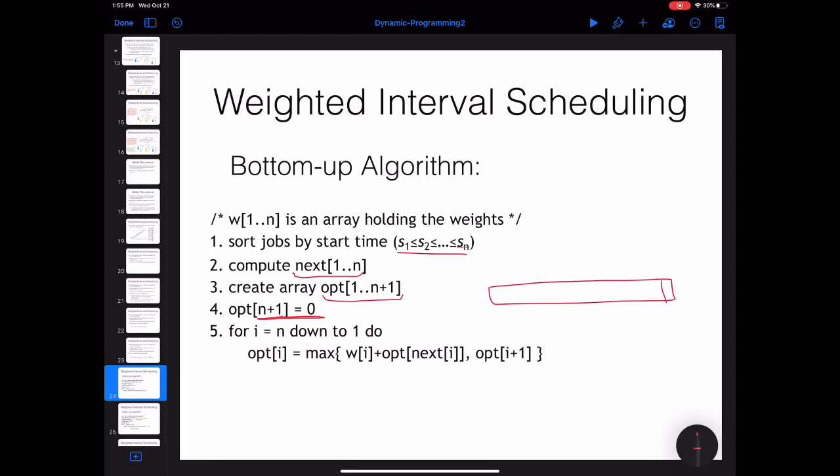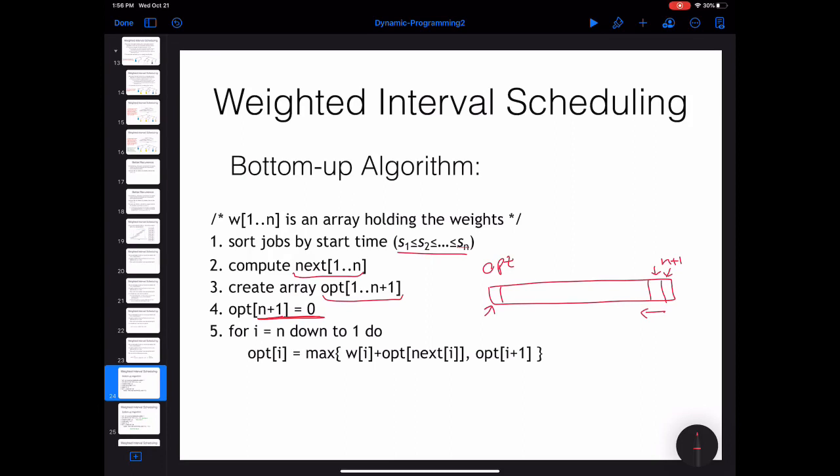Let's just call it opt, right? And this is going to be, for example, index n plus 1, then index n, and I'm filling this table from the end until I reach this point, because this is going to be the largest problem that I have, and these are the smallest.